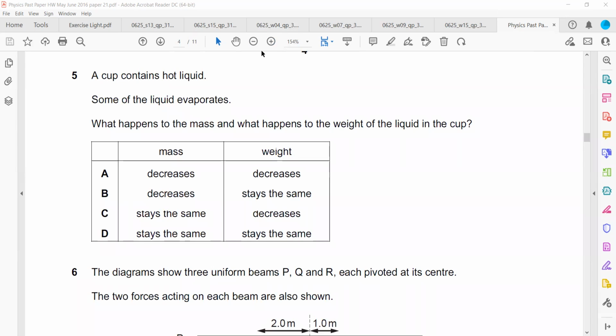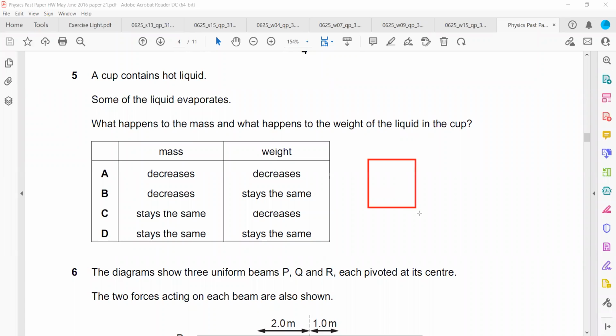A cup contains a hot liquid. So there is a hot liquid, and evaporation happens.